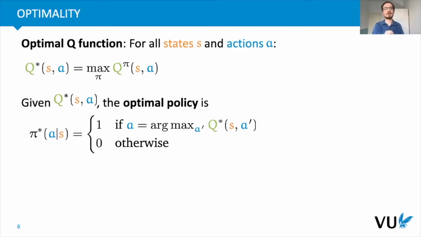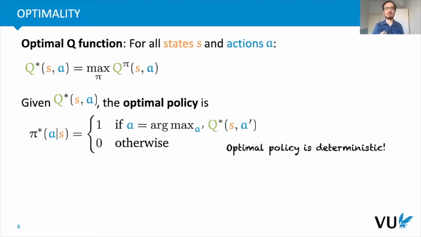We can just say the best policy is to take the action that maximizes the optimal Q function. This is a deterministic policy that always does the same thing. This policy always selects the action that maximizes the value of the optimal Q function.